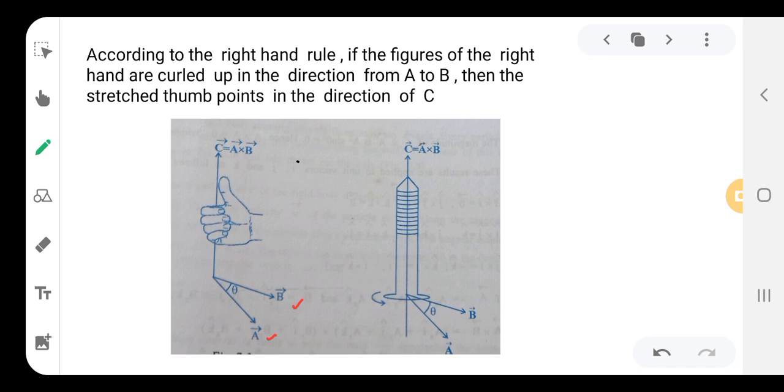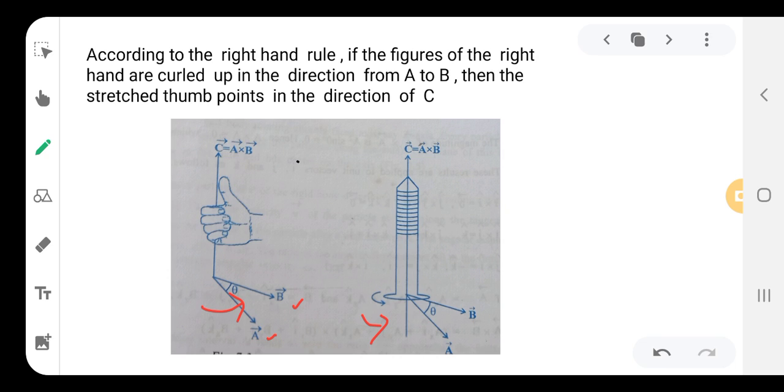Then when we have a screw in our hand, and if we want to pierce the screw in the wall, we have to put the force in this direction. As you see in the second diagram, it is in this anti-clockwise direction, and it goes upwards.